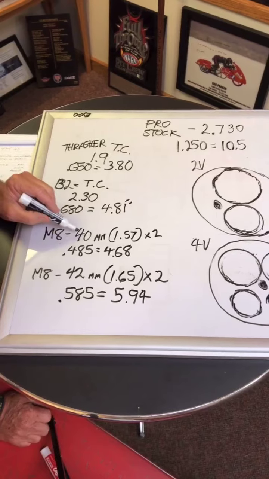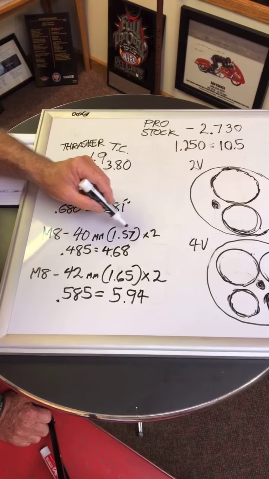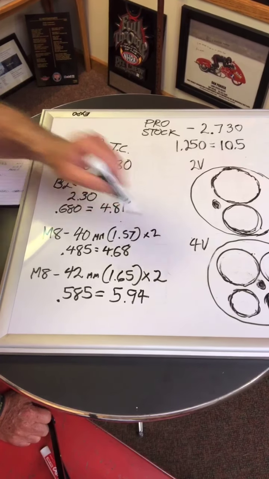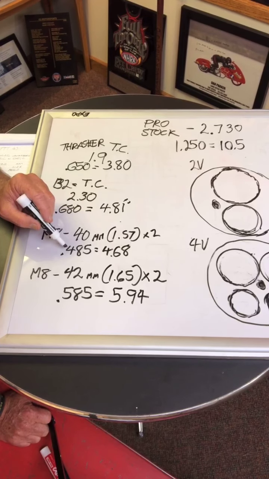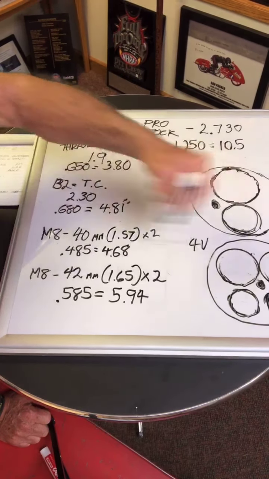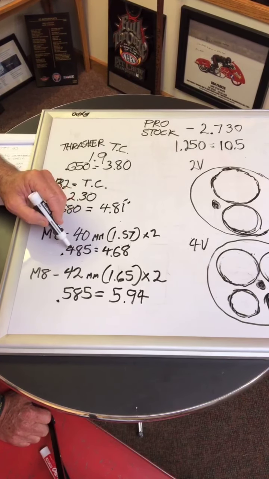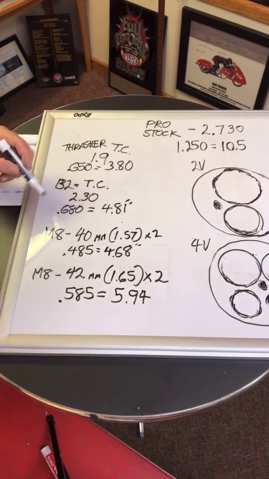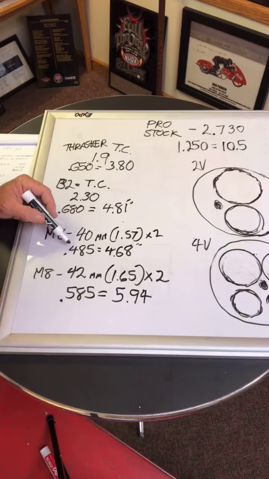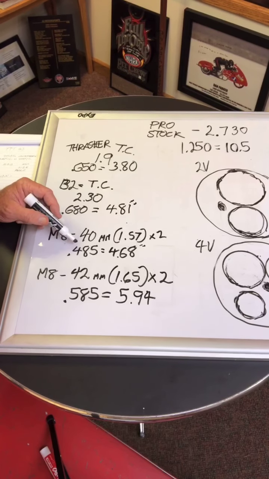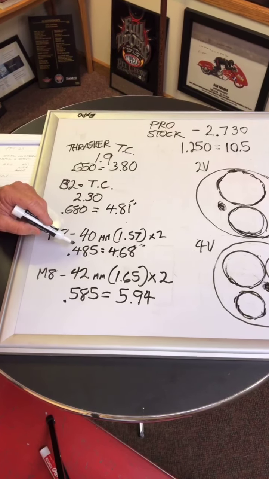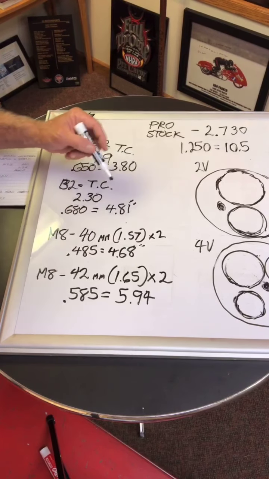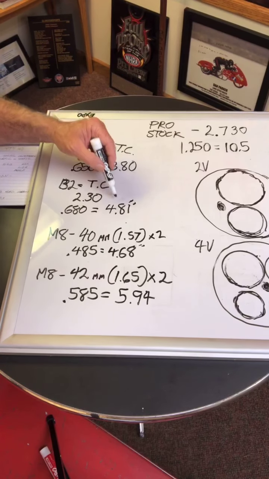With a stock valve, which is 1.57 inches, times 2, times the 0.98, times the lift gives you 4.68 inches of curtain area. So you can see that a stock M8 with a 485 lift cam has more curtain area flow potential than a twin cam B2.